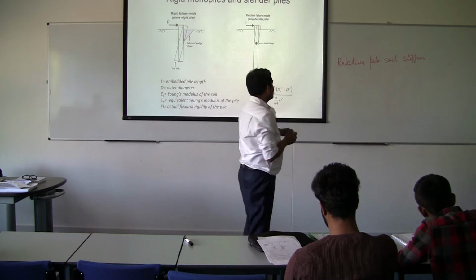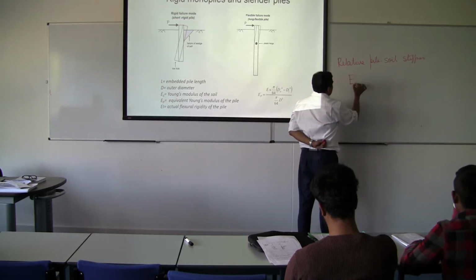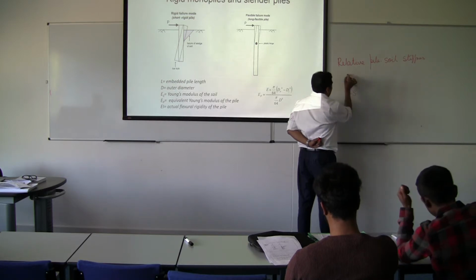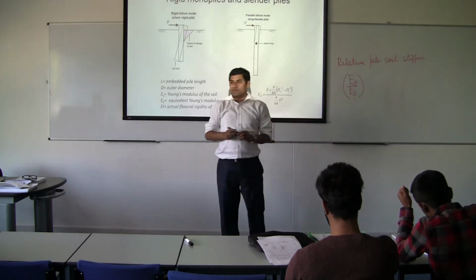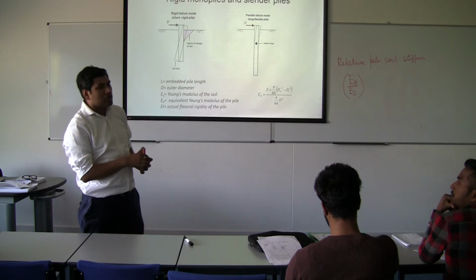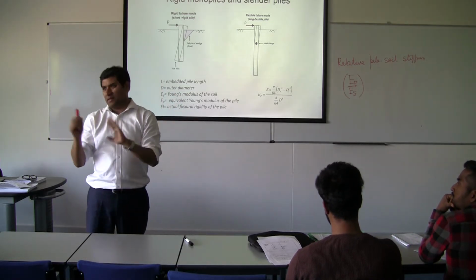So it's a function of pile stiffness by soil stiffness. There are some correlations you can use to predict whether this will behave like a rigid pipe or a flexible pipe.